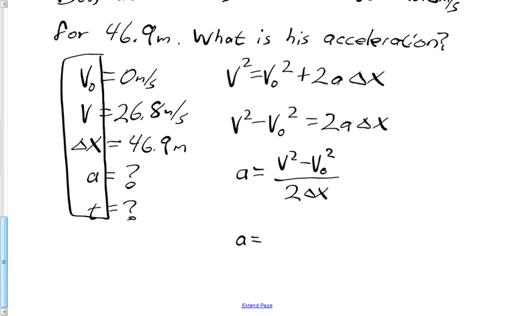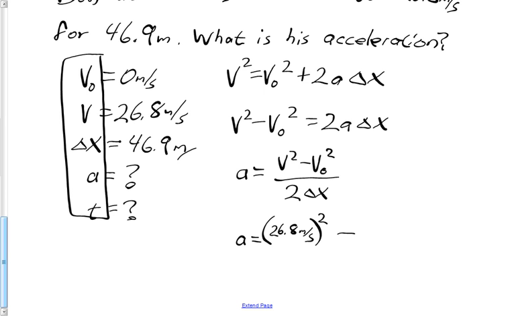And so v is 26.8, and that's going to be meters per second. I'm going to put that in parentheses, and my square goes outside of it. If you want, you can keep track of your dimensional analysis. I know that I'm going to have a final answer of meters per second squared because I have meters and meters per second. So I know that will be my final unit.